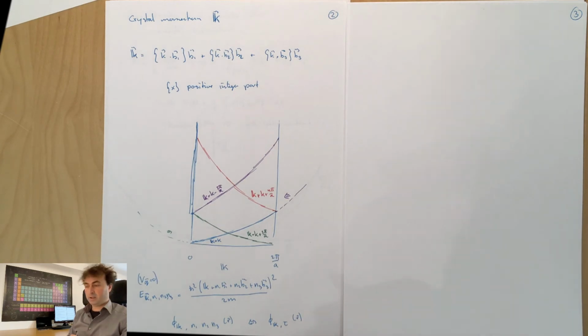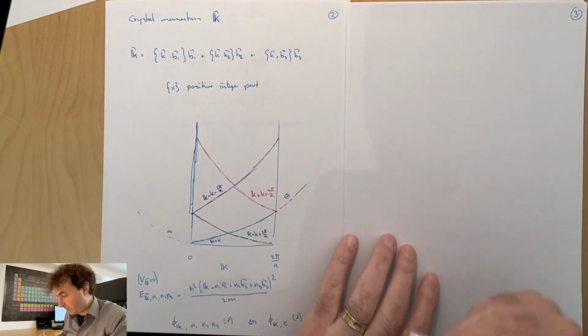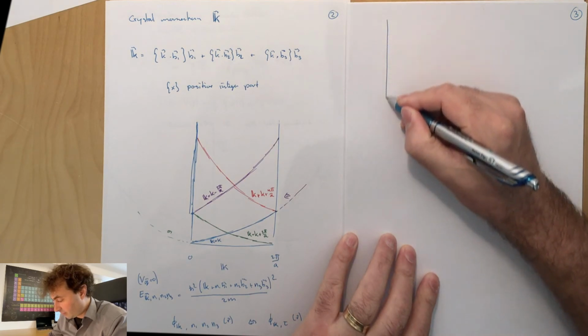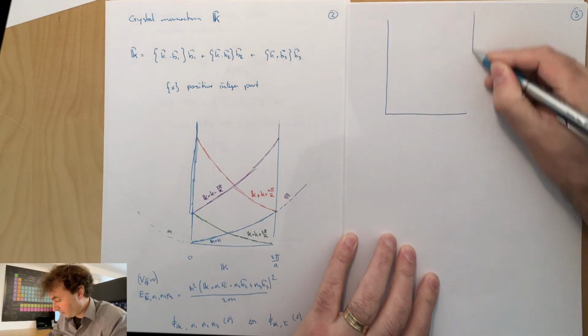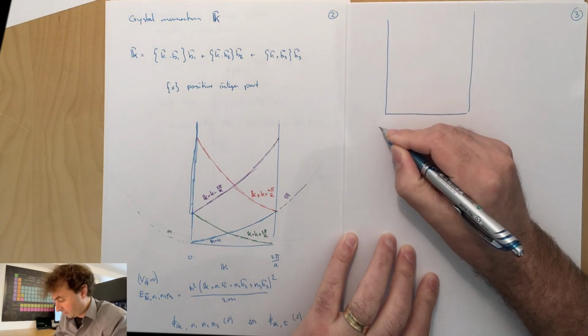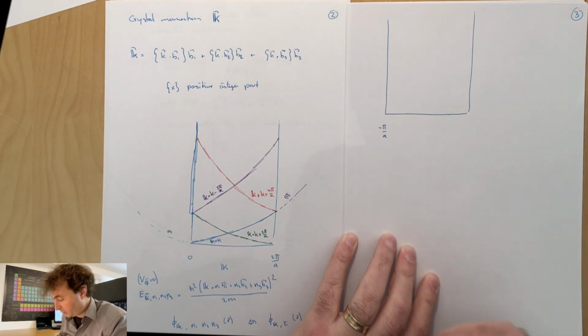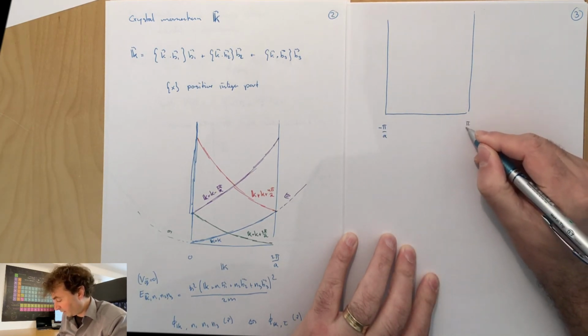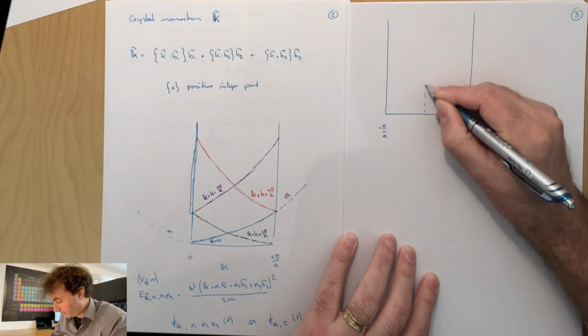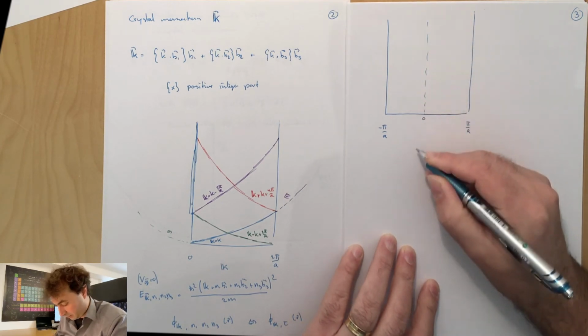And we can actually define the reciprocal unit cell such that we take those vectors that are the smallest norm. So in our one-dimensional example, that would mean that we define the crystal momentum to be in the range from minus pi over a up to pi over a. And then we have 0 in the middle.